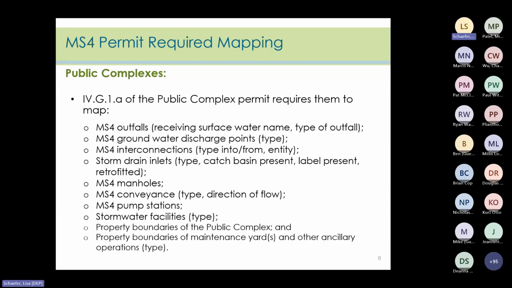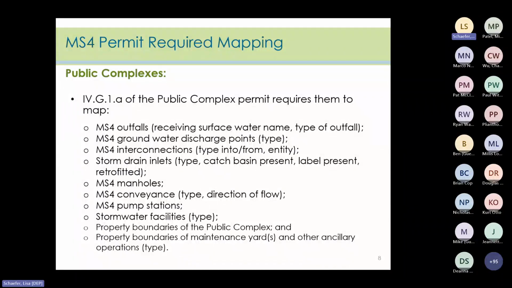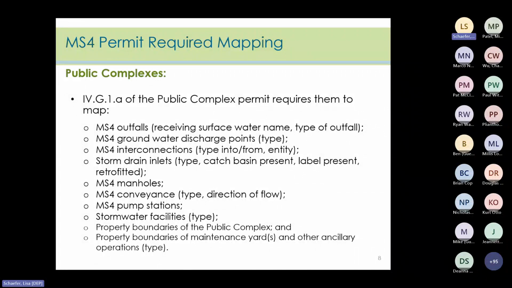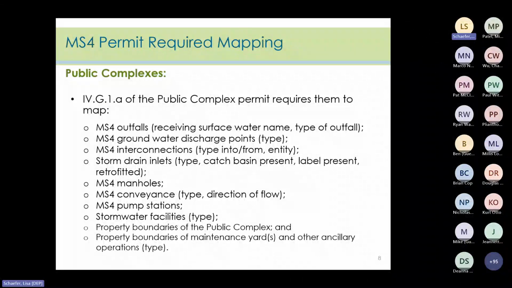So maps for public complexes are required to have the following. For MS4 outfalls, we need the receiving surface water name and the type of outfall. For MS4 groundwater discharge points, the type. For MS4 interconnections, the type that it's into or from and the entity. And for storm drain inlets, the information needed is the type, if a catch basin is present, a label whether or not it's present, and if it's been retrofitted.